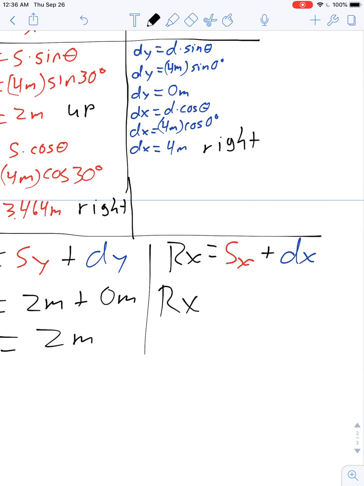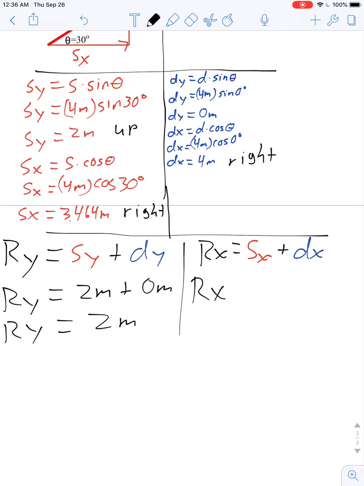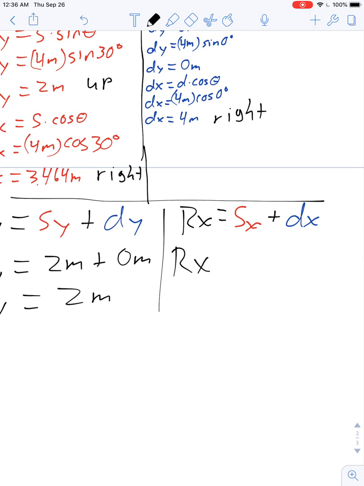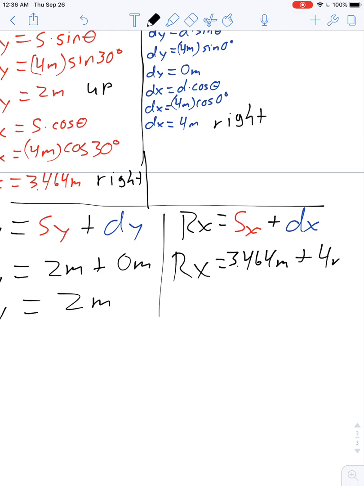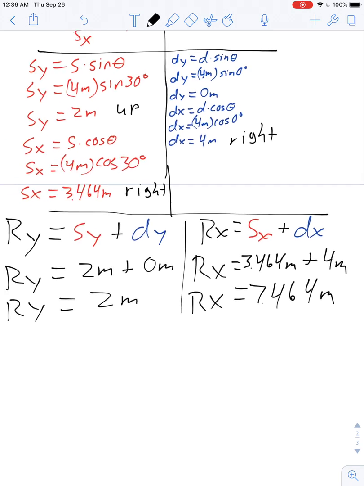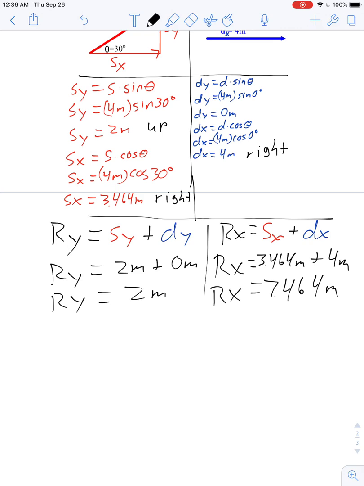Okay, so looking at my table over here, Sx was 3.464 meters, and Dx is 4 meters. So Rx is just going to be equal to 7.464 meters.